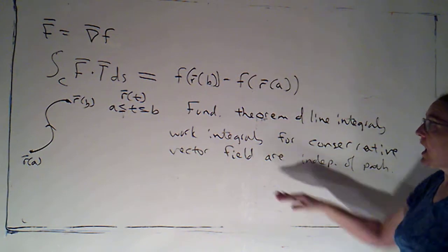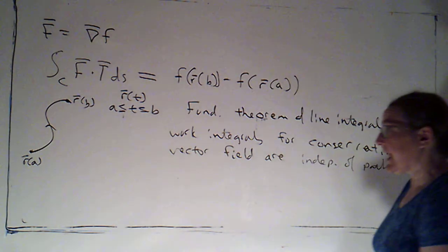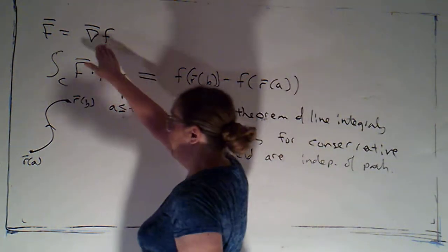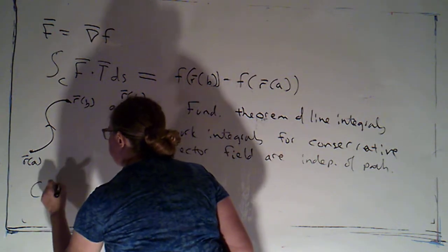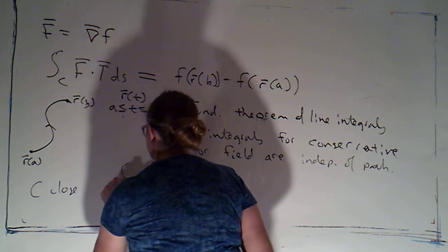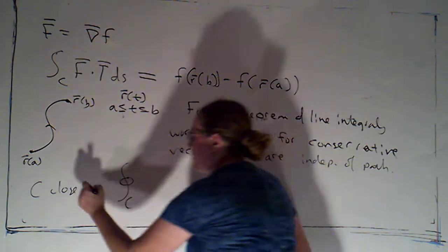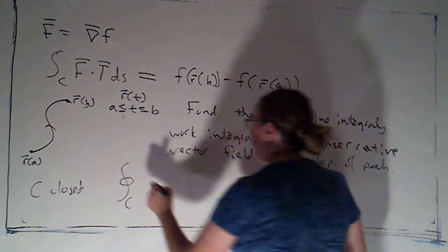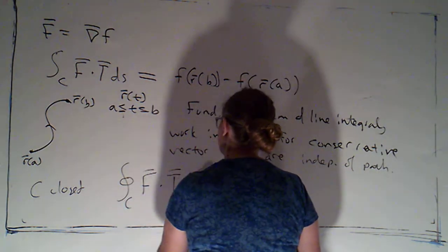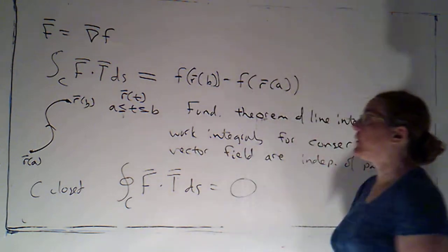Okay. A nice result of that is, again, if f is conservative and if C is closed, so remember, if it's closed, that just means it loops back on itself. Okay. Then the integral of f dotted with t ds is just going to be 0.